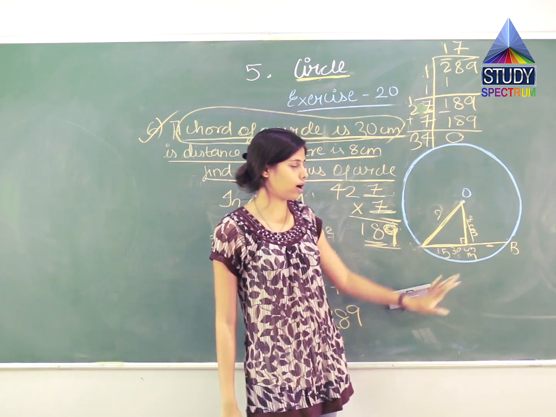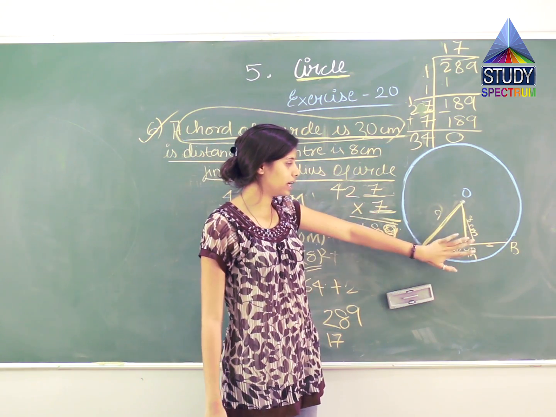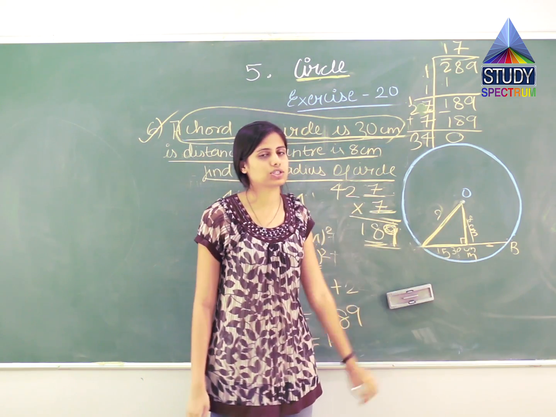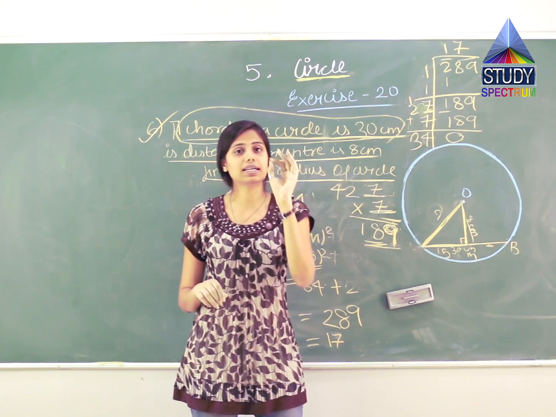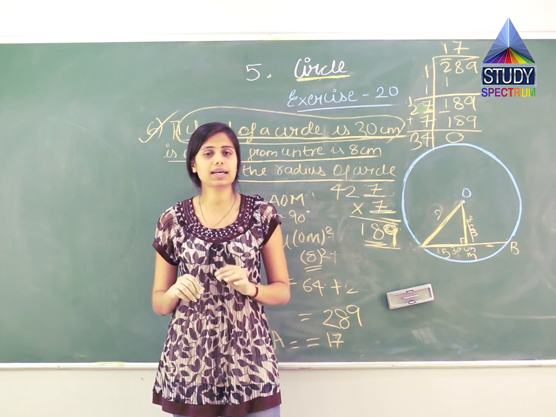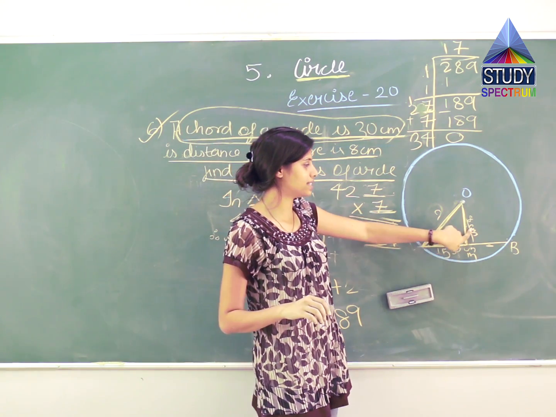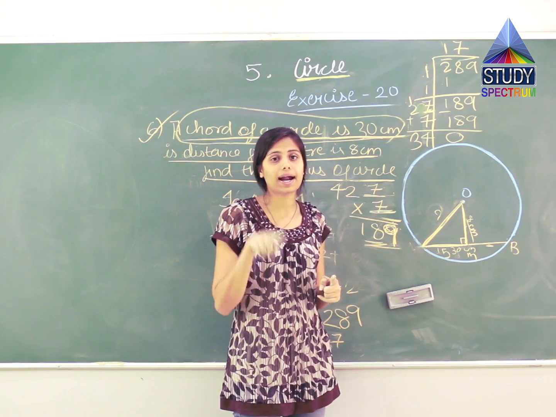So we got AM as 15 centimeter, whereas we have already been provided with the information that OM is 8 centimeter, the distance of the chord from the center. This is a right angle triangle.